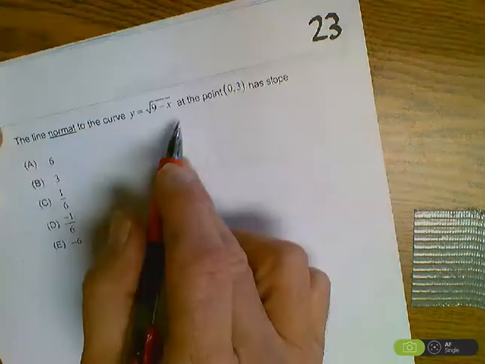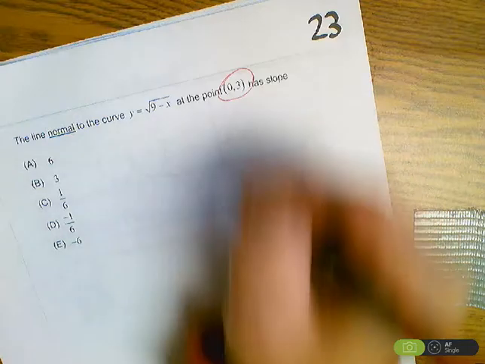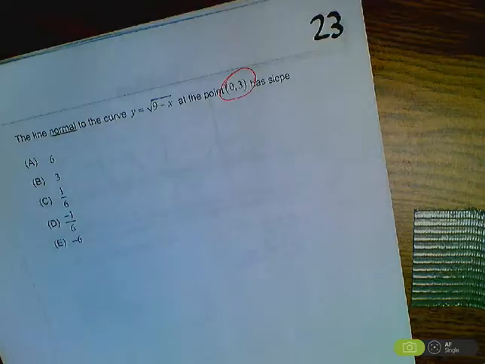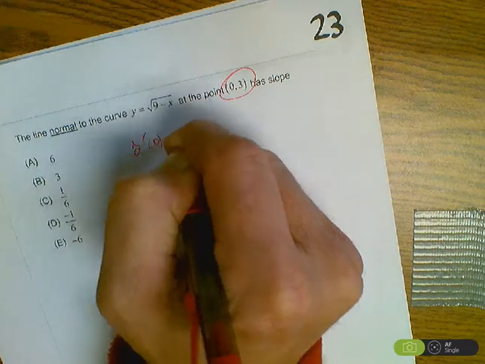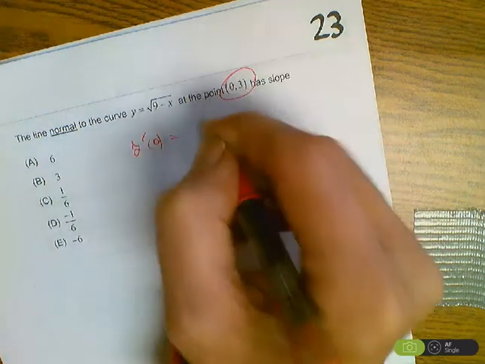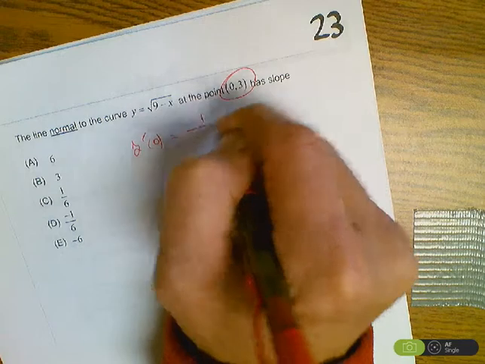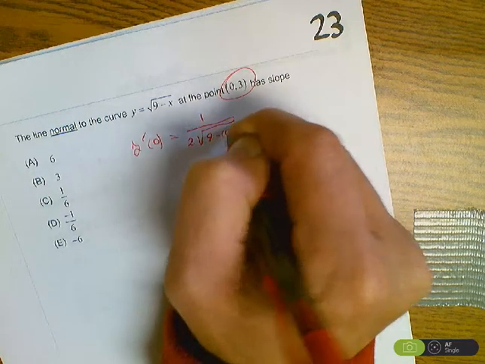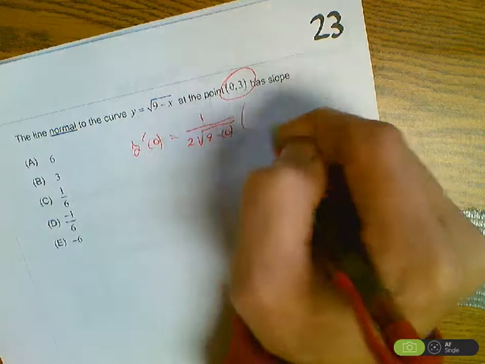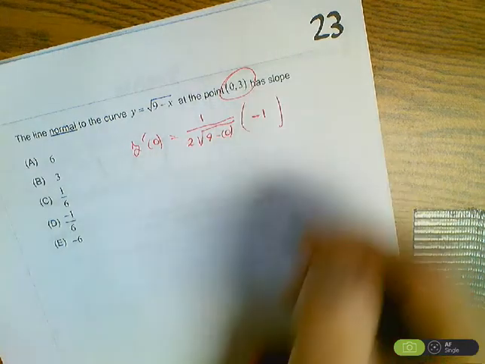The line normal to the curve at the point 0, 3. Find the slope at 0. Take the opposite reciprocal. So y prime at 0 is going to be 1 over 2 square root 9 minus 0, times the derivative of the inside, which is negative 1.